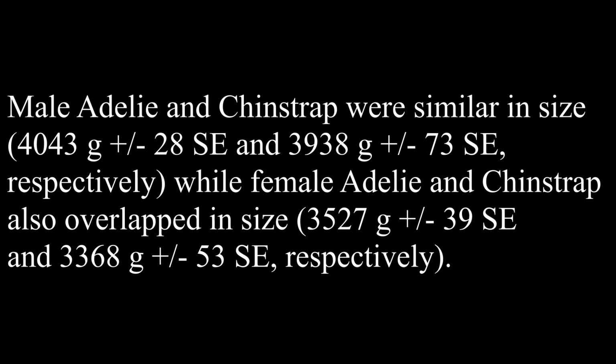So that means that the Adelie is the 4,000 and the Chinstrap is the 3,900, while female Adelie and Chinstrap also overlapped in size, 3,527 grams plus or minus 39 standard error, and 3,368 grams plus or minus 53 standard error, respectively. That's how to state it more formally.